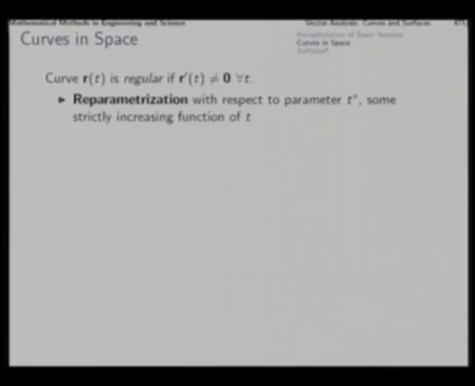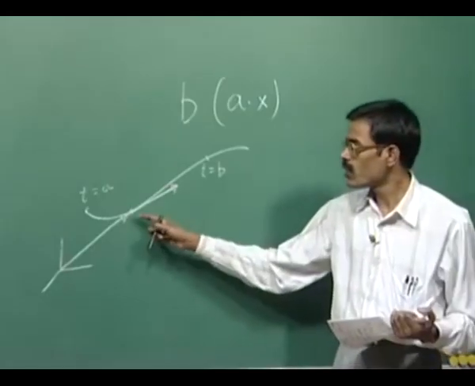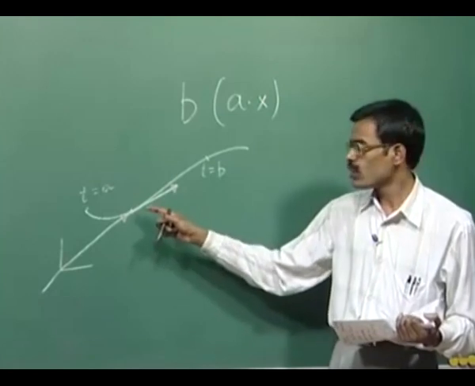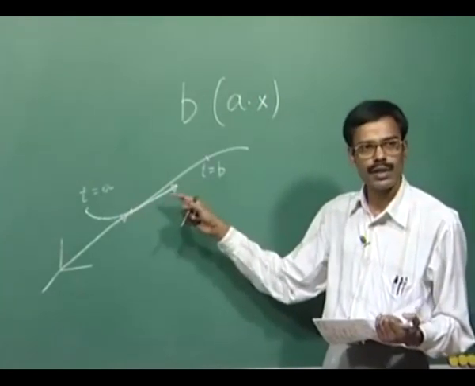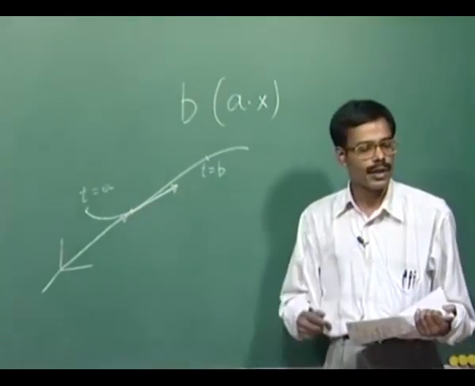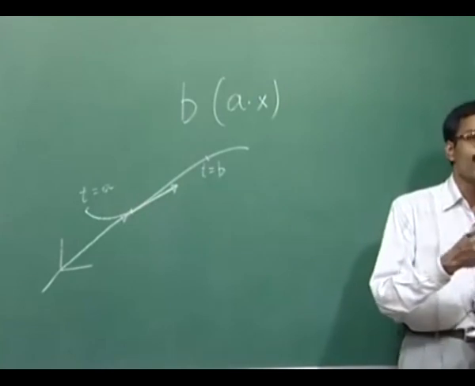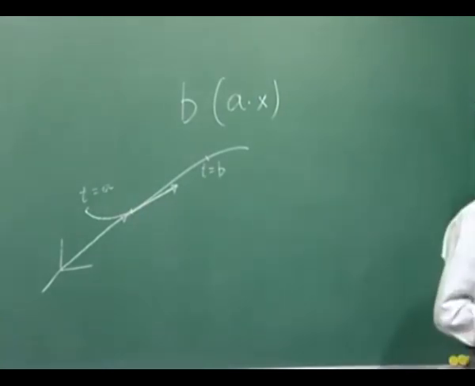Now, a curve r of t is called regular if the tangent vector never vanishes. That is, a curve is called regular if at every point of it there is a non-zero tangent vector, the direction of which is clearly representable from the first derivative.